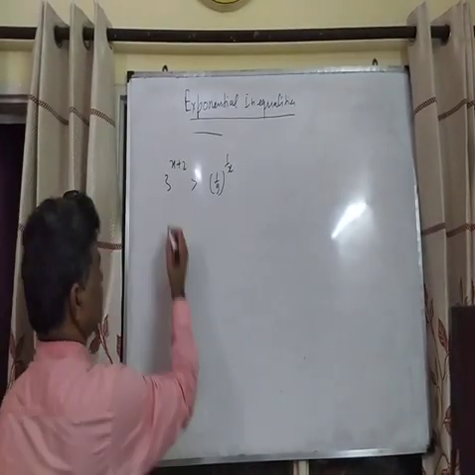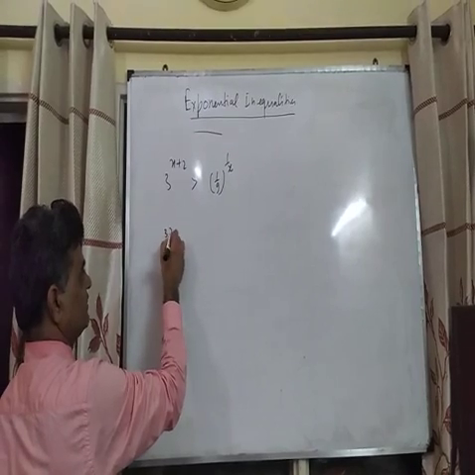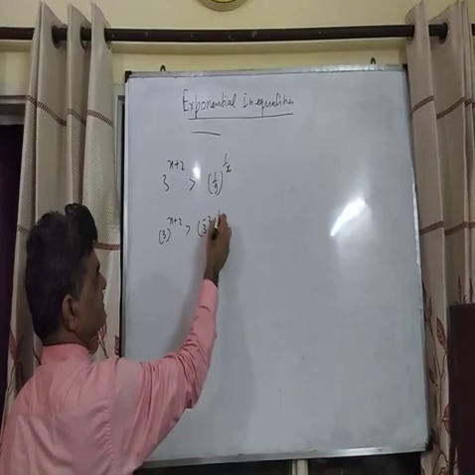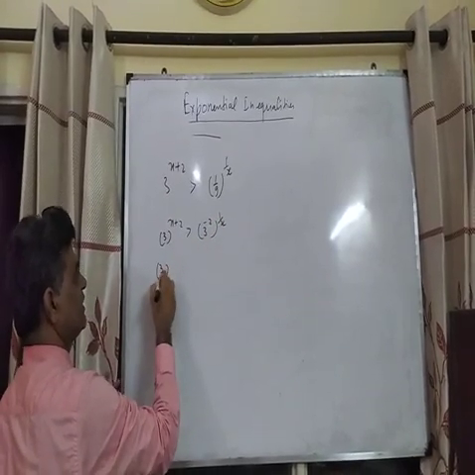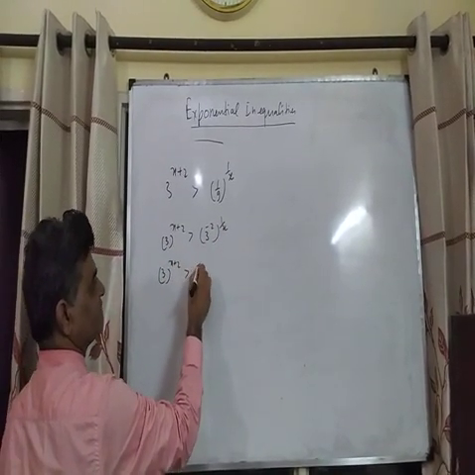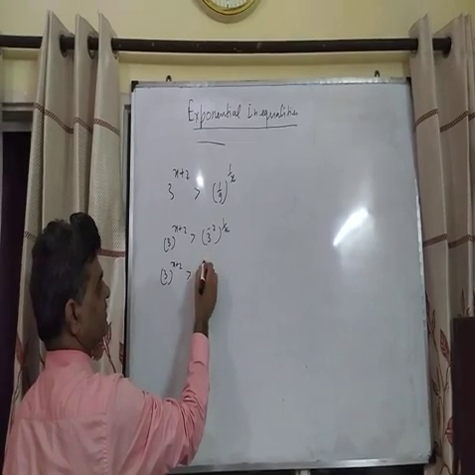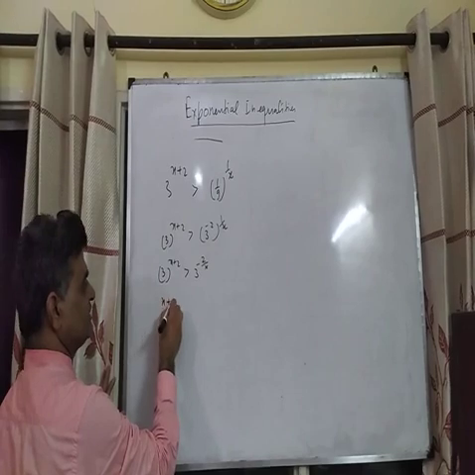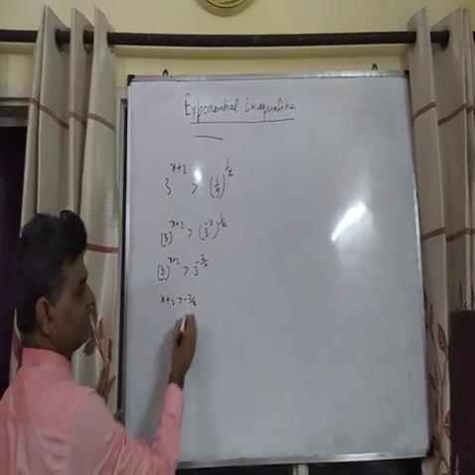Now you see, here it is 3 but here it is 1 by 9. So what we'll do first, we'll make the base the same. So 3 to the power x plus 2 is greater than 3 to the power minus 2 by x. Now we can see the base is 3, which is greater than 1, so there will be no change in the inequality sign on the exponent.